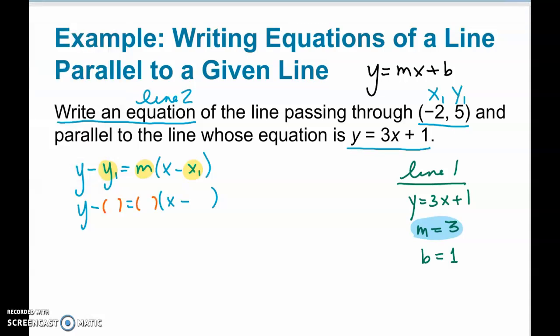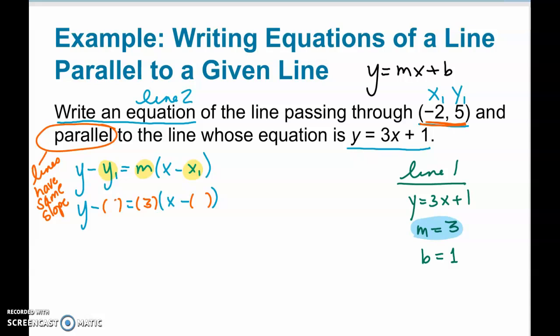And I'm going to plug in the slope, because as soon as you see parallel, you know that the lines have the same slope. And then they give me a point, one of the points on the line.